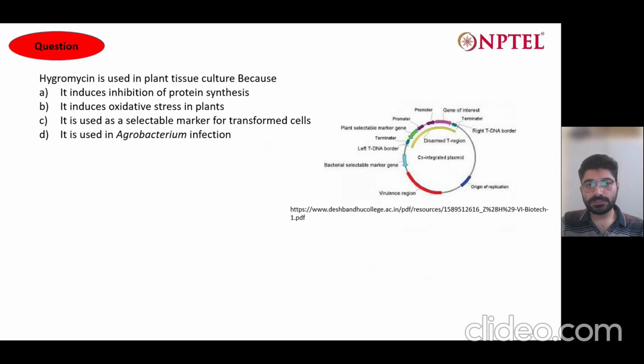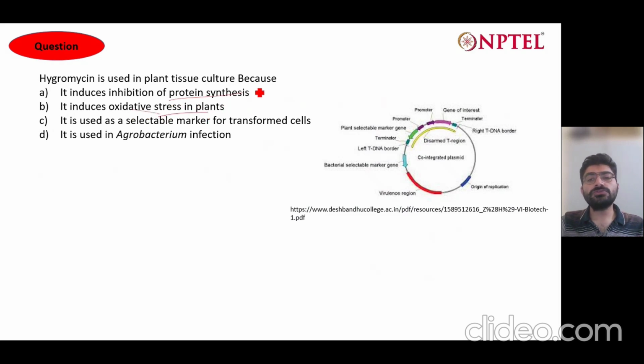Hygromycin is used in tissue culture because it induces inhibition of protein synthesis, it induces oxidative stress in plants, it is used as a selective biomarker for transformed cells, or it is used in agrobacterium infection. Hygromycin is an antibiotic that induces inhibition of protein synthesis and oxidative stress in plants.